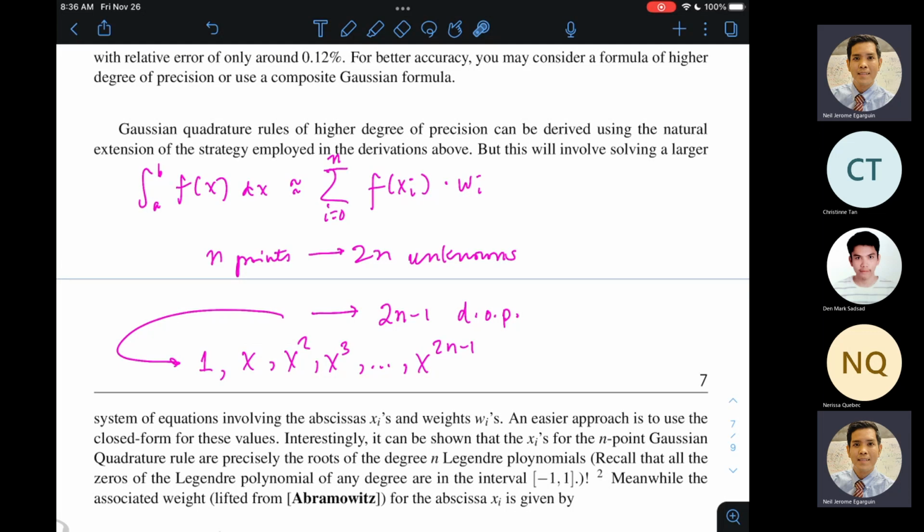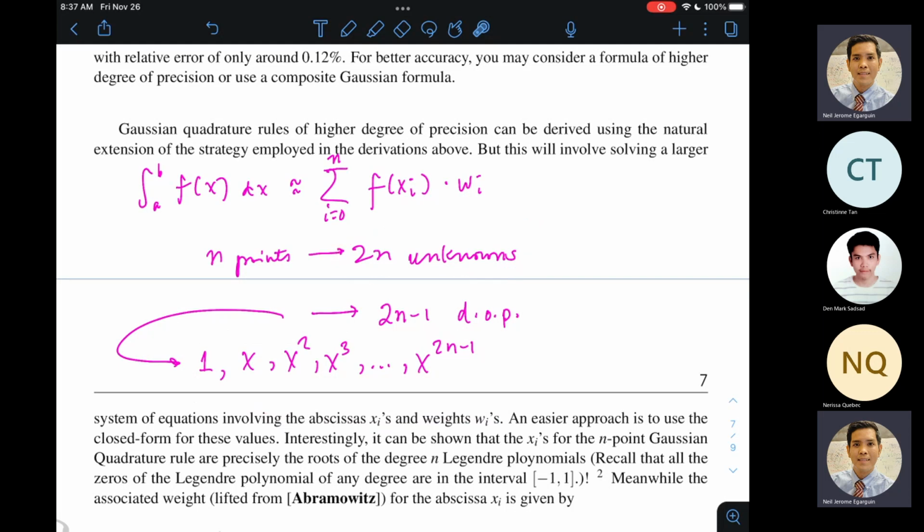But thanks to the linearity of the integral operator, kailangan na lang natin siyang i-check sa 2n na mga polynomials na ito. So each of these 2n polynomials will give us an equation, possibly nonlinear, especially starting from x squared and so on. And then we have 2n unknowns, so we're going to get a 2n by 2n system, all right?